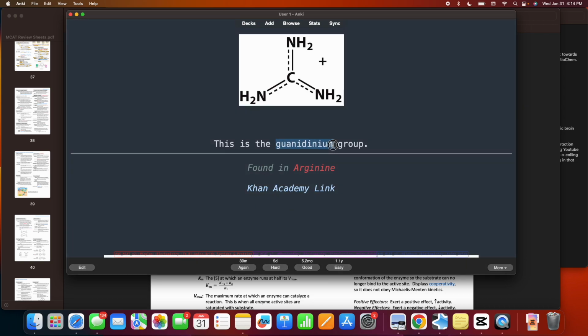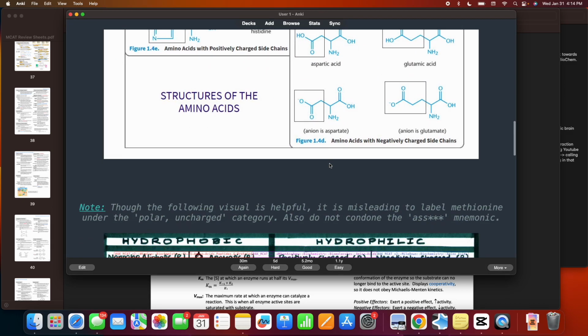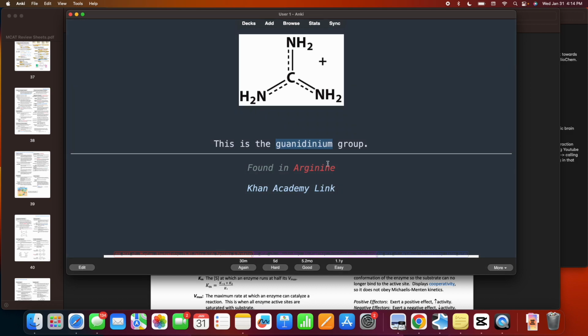So how I memorized this was, due to practicing a lot with arginine, there's an app for amino acids that you can download on your iPhone. I know this is arginine, right? It's the carbon attached to these three nitrogens.